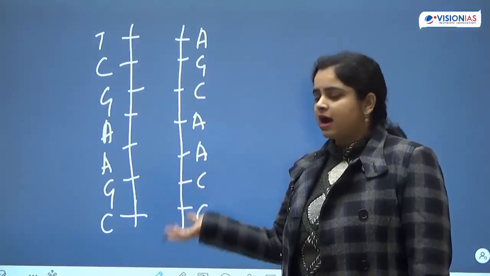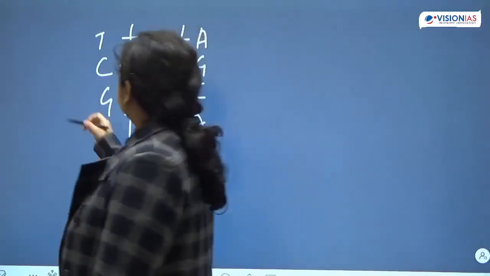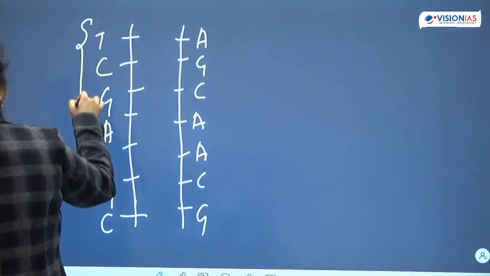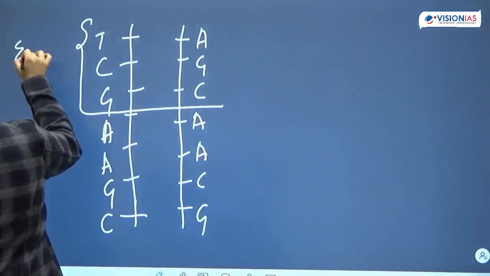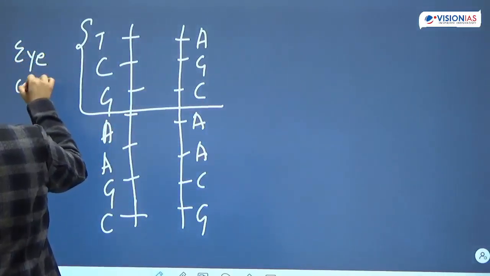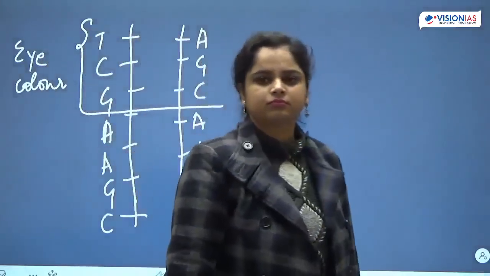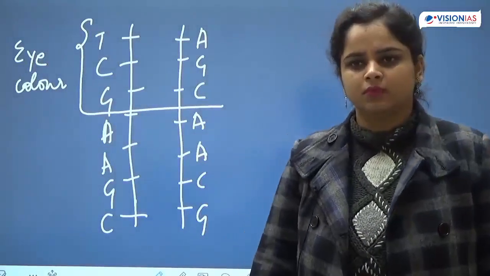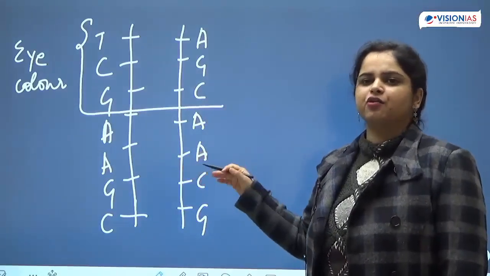Now, out of this DNA, we can have this first part, this much segment, representing the eye color. Okay, we can have this much part representing the color of the eyes.